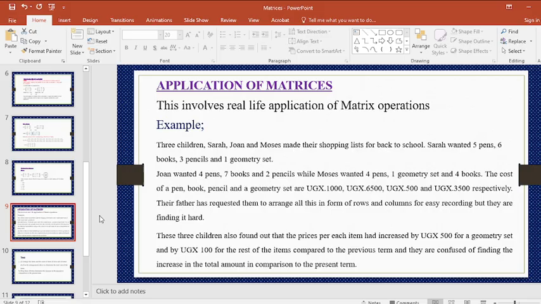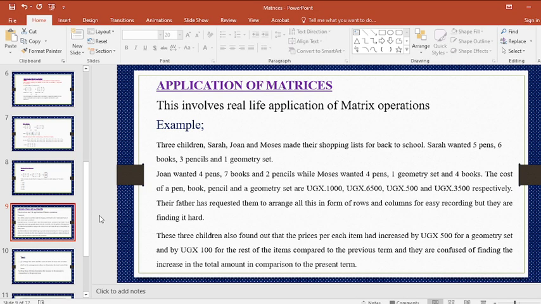Joan wanted 4 pens, 7 books, 2 pencils, while Moses wanted 4 pens, 1 geometry set, and 4 books. The cost of the pen, book, pencil, and the geometry set are 1,000 Ghana shillings, 6,500 Ghana shillings, 500 Ghana shillings, and 3,500 Ghana shillings, respectively.